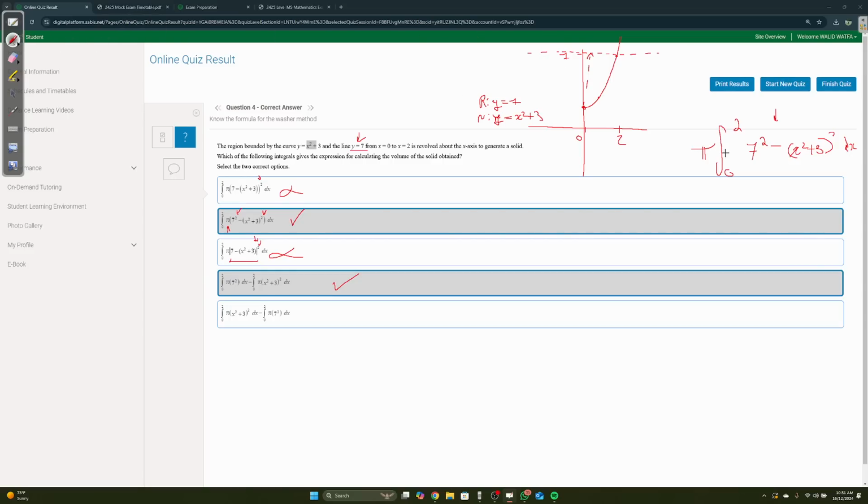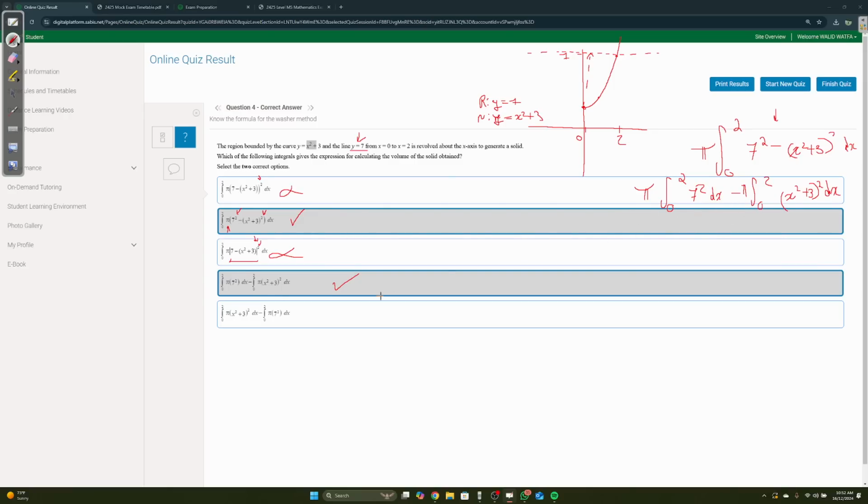This integral follows the same rules, and I'm pretty sure everybody should know this. There's no excuse for you not to know this. So it can be split up into pi integral from 0 to 2 of 7 squared minus pi integral from 0 to 2 of x squared plus 3 squared dx.